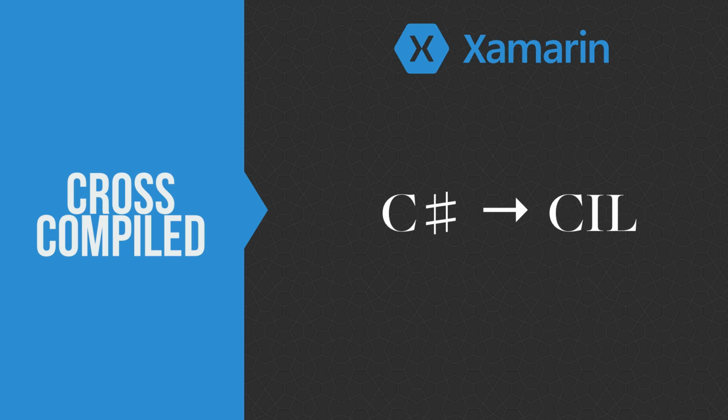The second way is cross-compiled. You write in one language, something magical happens, and there's an app at the end. I have no idea how this works. Xamarin is the biggest one. It might also be the only one. Xamarin on iOS does some kind of ahead-of-time compilation and creates some binaries, and on Android I think it's a little bit different.